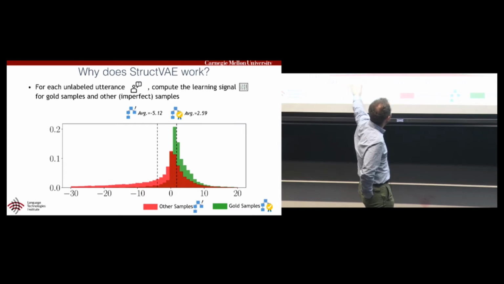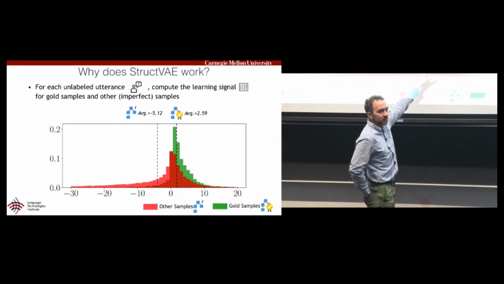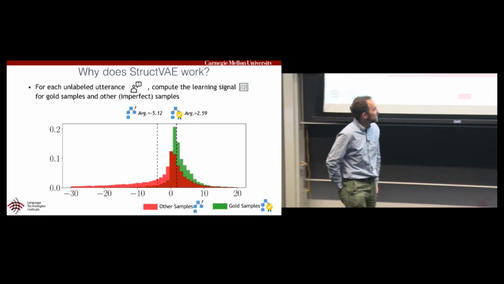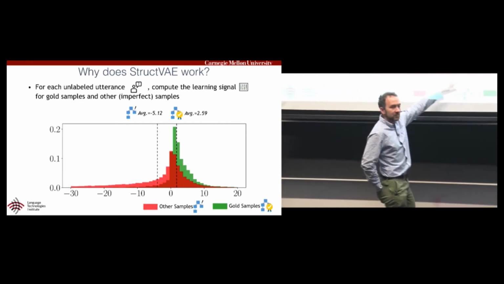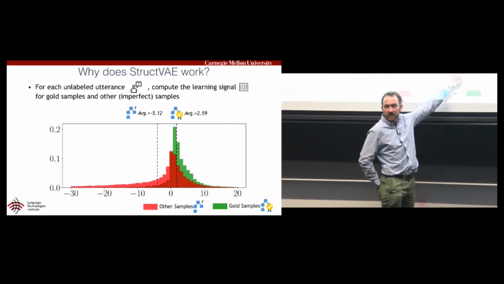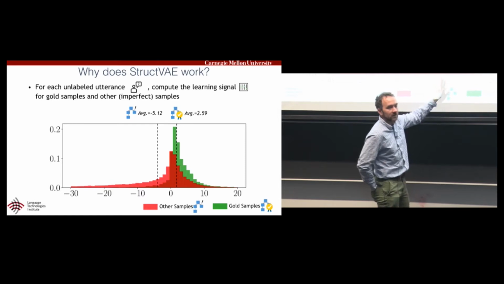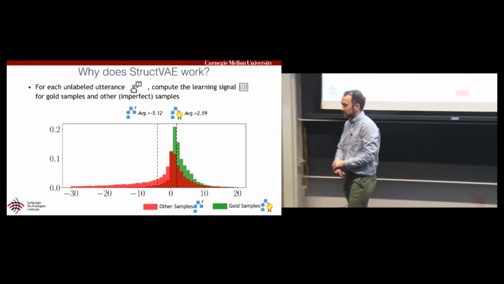And you can see pretty clearly that the learning signal we get from the incorrect trees is lower than the learning signal that we get from the correct trees. And the good thing about this is you notice there's some overlap, so the learning signal isn't perfect in picking out the things that we should be learning from. But it's, on average, significantly better than when we have the correct output.